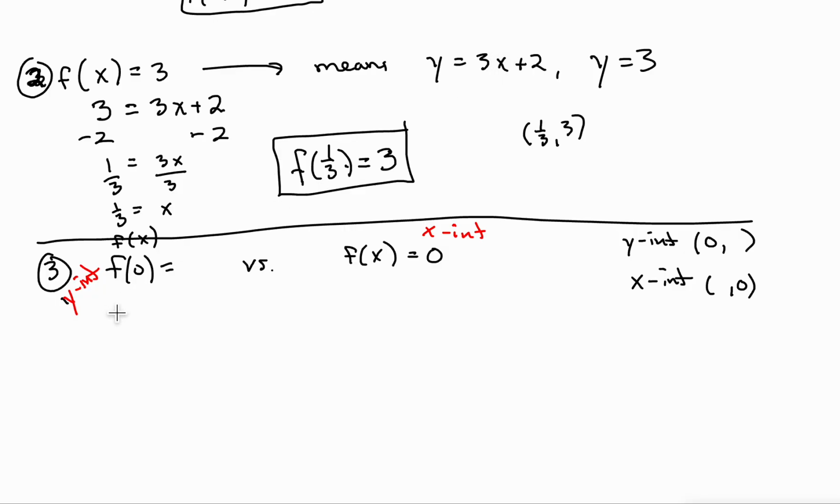We'll just do that using function notation. F of 0 equals 3 times 0 plus 2. It's just the b in our y-intercept, because when x is 0, it zeroes this part out, and we're left with f of 0 equals 2. And see how we have our coordinate pair right there for our y-intercept.